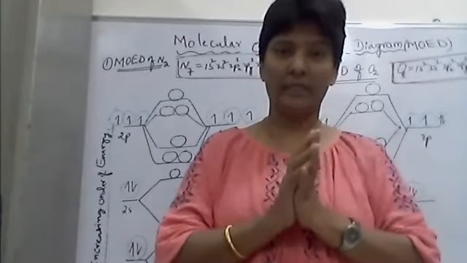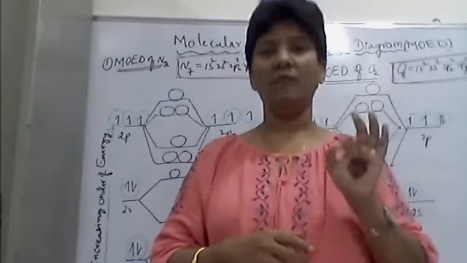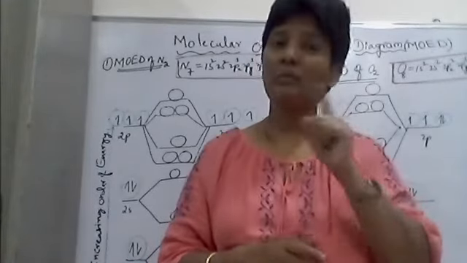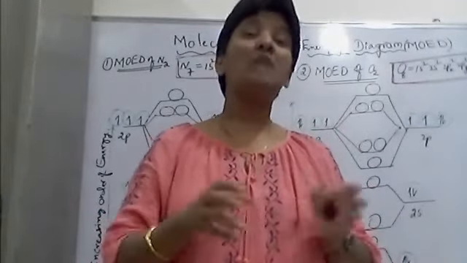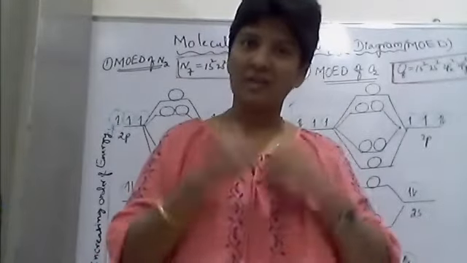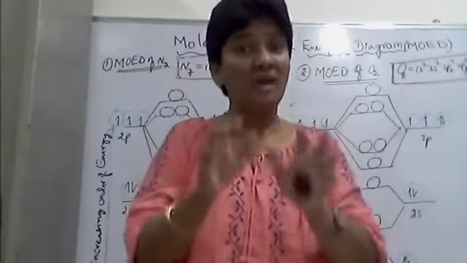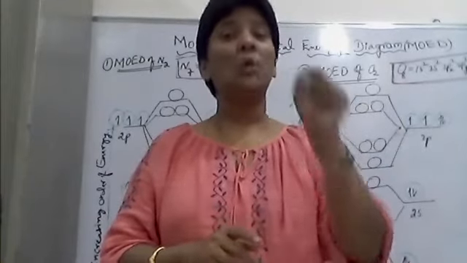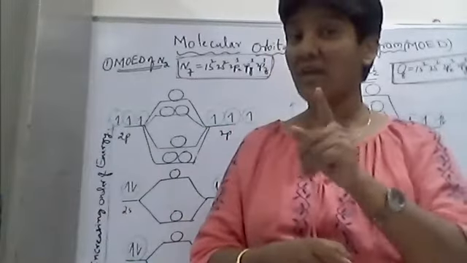One thing I want to tell you clearly: in VBT, valence bond theory, or in hybridization, or in VSEPR theory, when a covalent molecule is formed, a covalent bond is formed between the two atoms by use of only valence shell electrons, that is, only the outermost shell orbitals are participating.